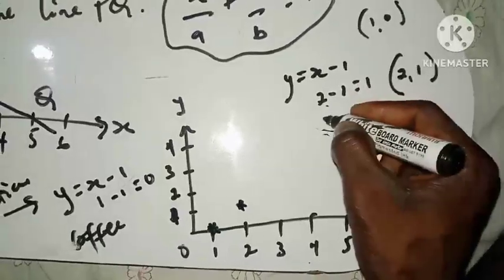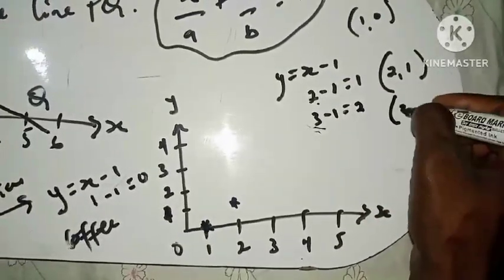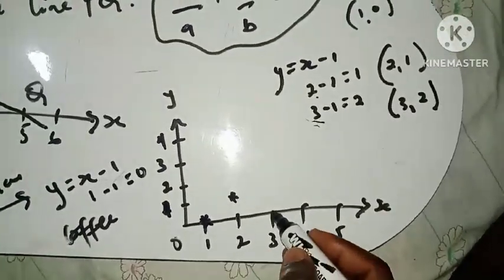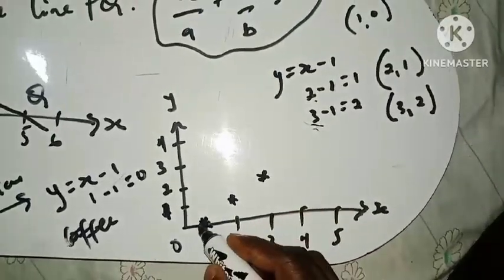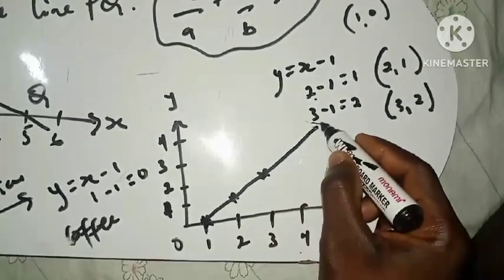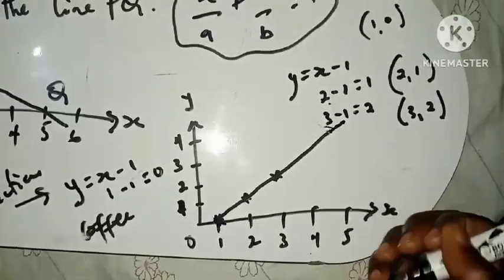What will happen if 3 people come? That's 3 minus 1, which is 2. So we have our point here to be (3, 2). If you continue like this, you see that the line of this graph goes straight forward like this, meaning it keeps on growing.